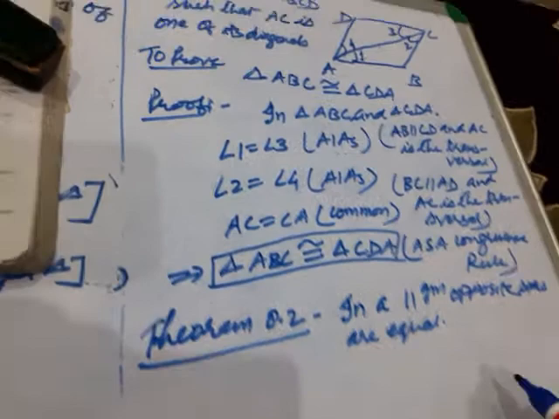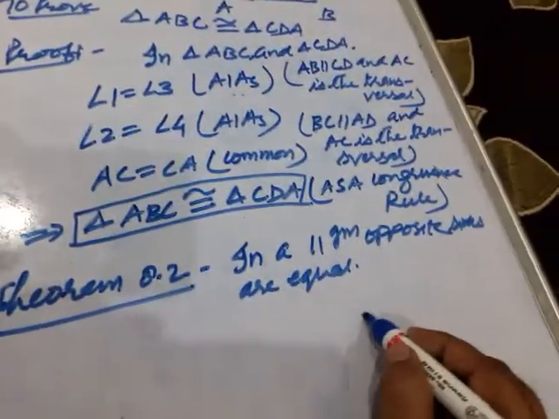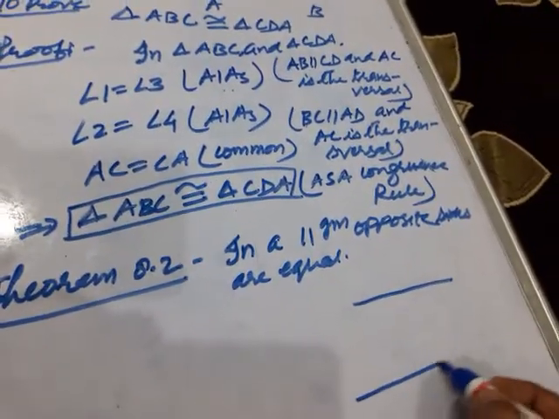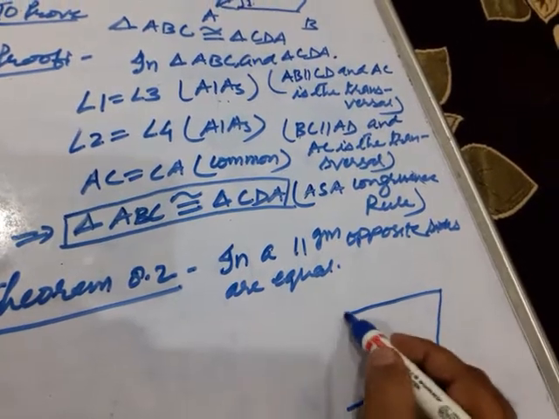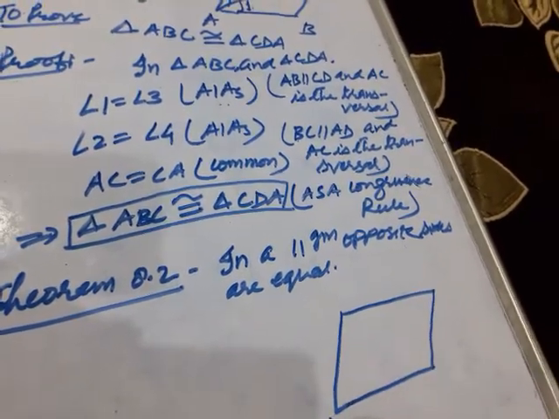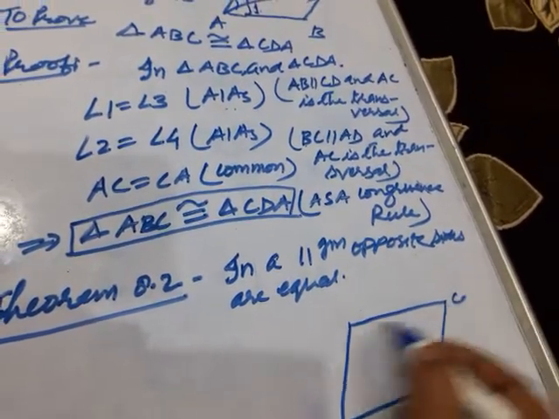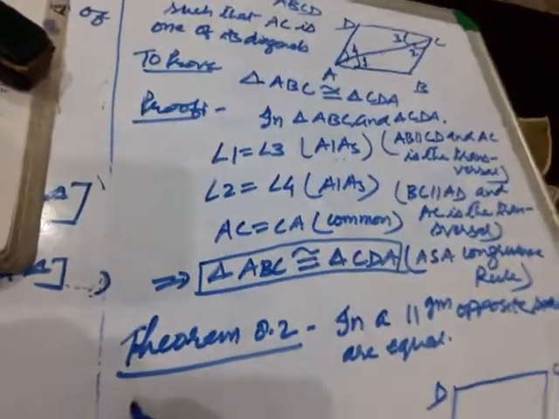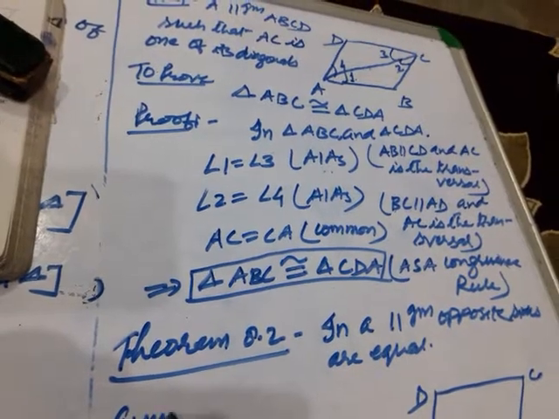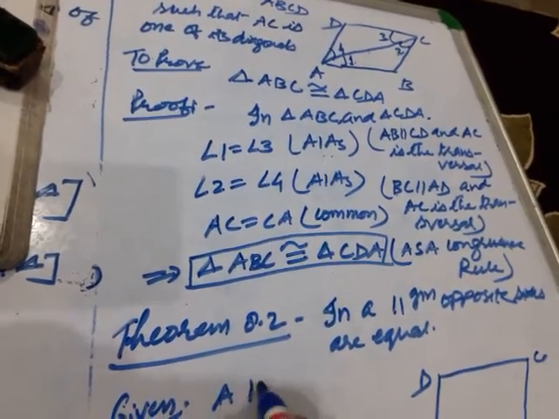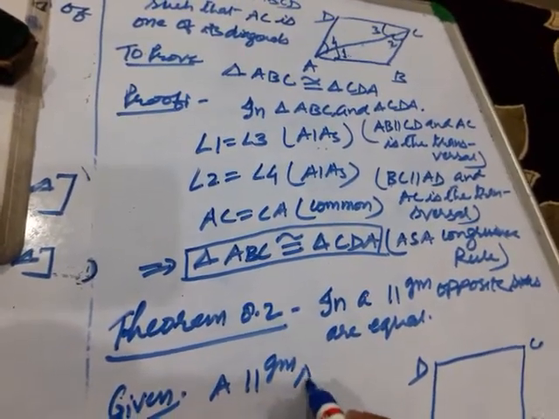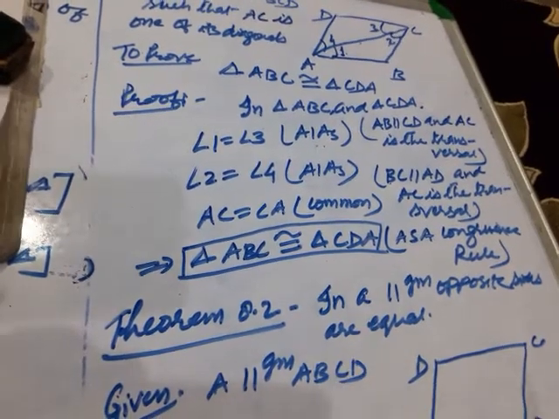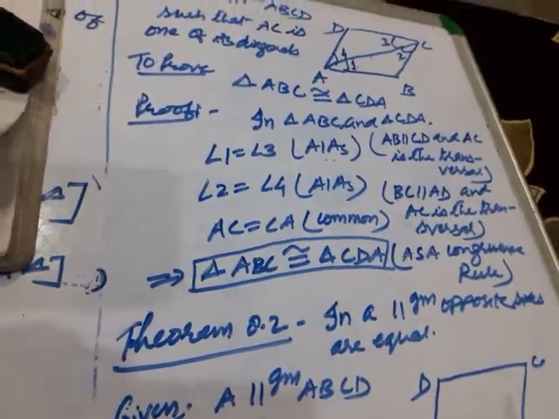Let us see. Draw a parallelogram like this, let it be ABCD. In a parallelogram, opposite sides are equal. What is given here? Given a parallelogram ABCD.